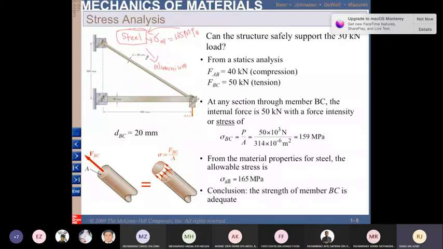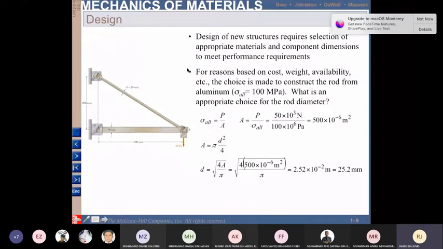Now, what is the allowable stress for aluminium? You decide whether this structure is still safe. You have to find in the table or in the theory the allowable stress for aluminium. From your research, it equals 100 MPa only.